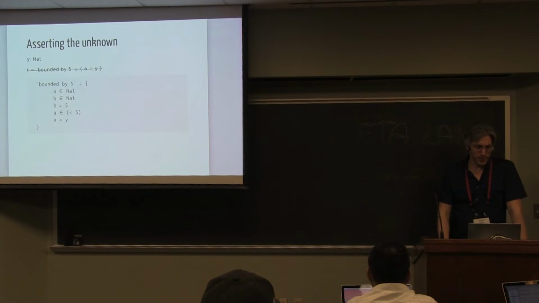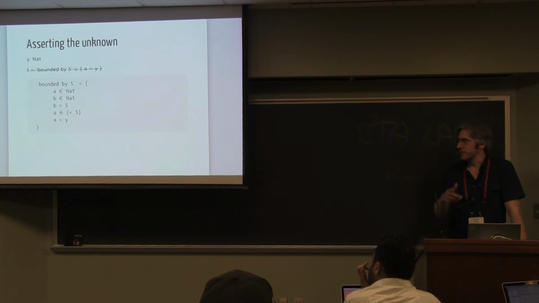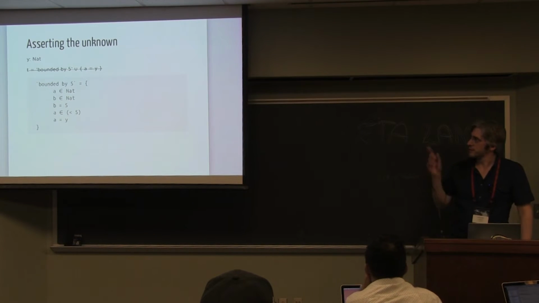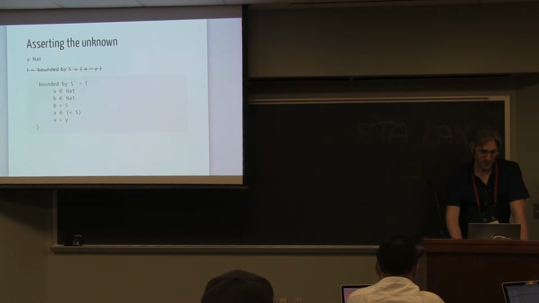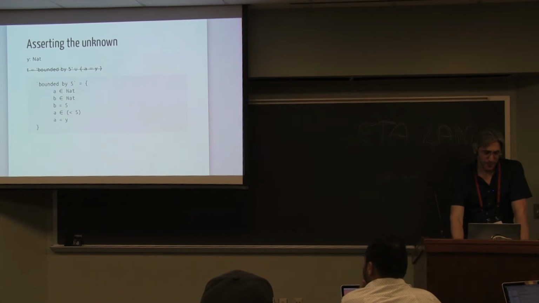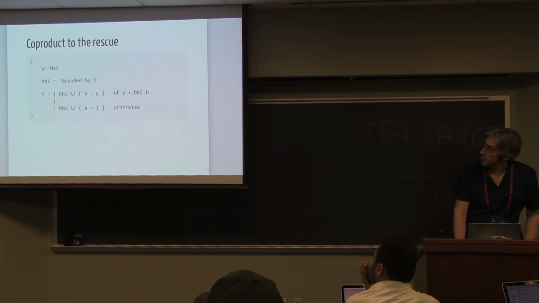So the thing with dependent types is that the type checker, the compiler, will require you to have the proof that holds. So how do we achieve that? This is the co-product.